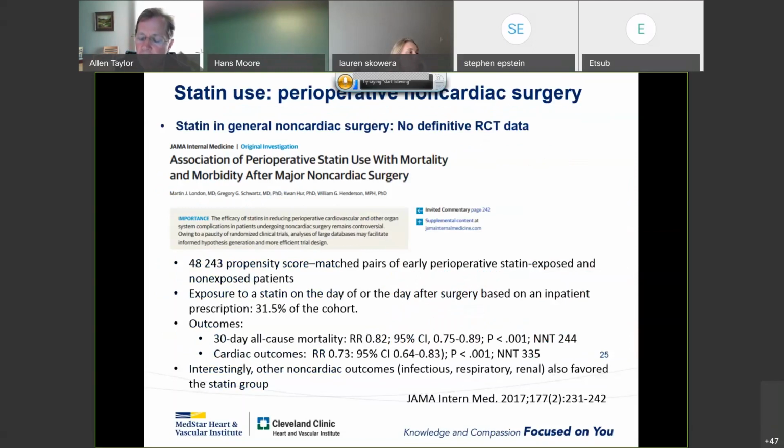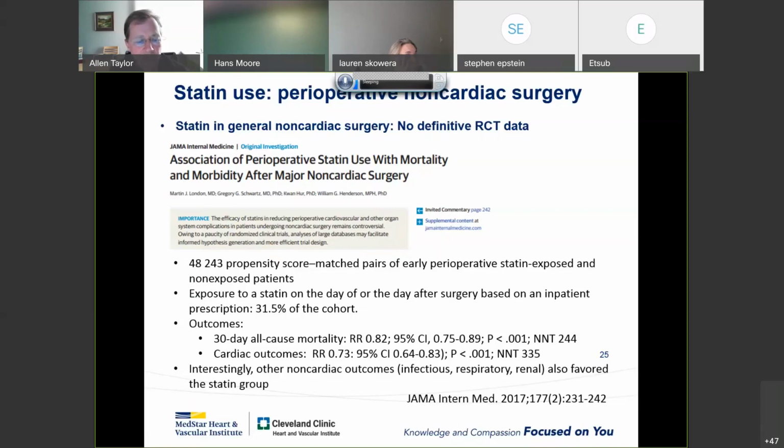In otherwise non-vascular, non-cardiac surgery, there's no appreciable set of randomized controlled trial data. However, this is one recent analysis, again, a large propensity score matched analysis of early perioperative statin exposed and non-exposed patients.